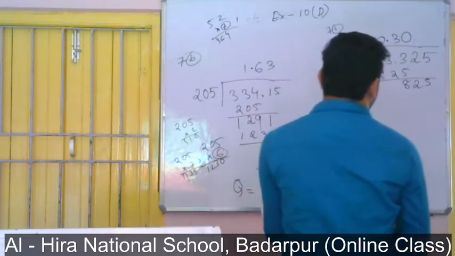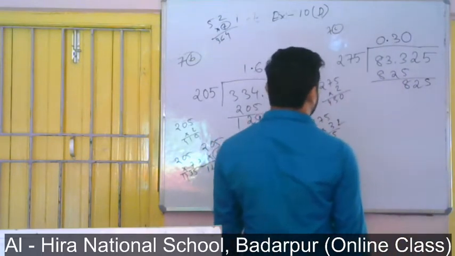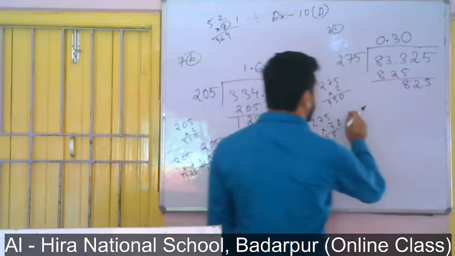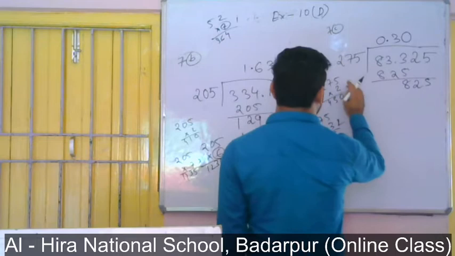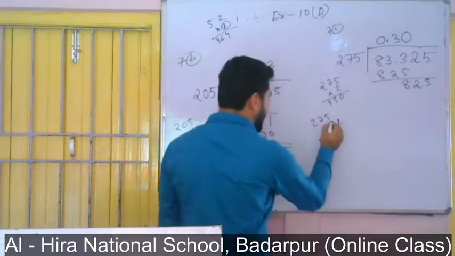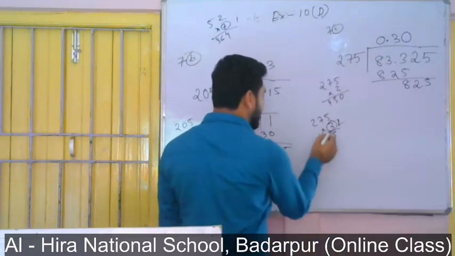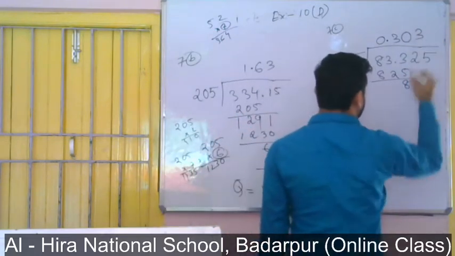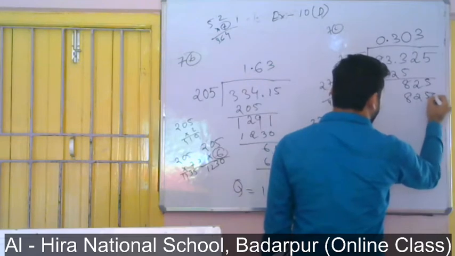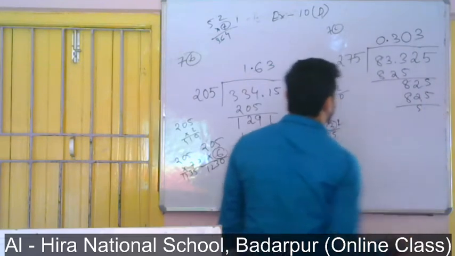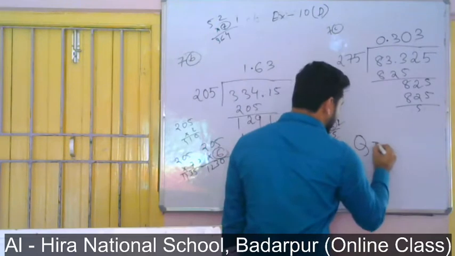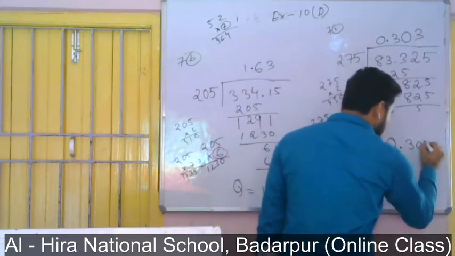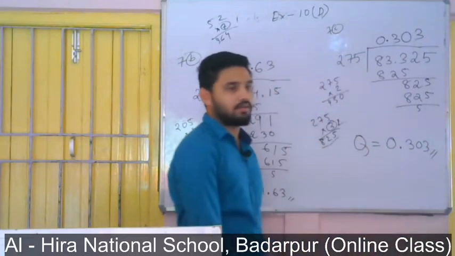Now let us check for 825. Just before that I have multiplied with 3 and got 825. So you can directly write 3, 825. That is the answer. Now you can write quotient equals 0.303. That is the answer.